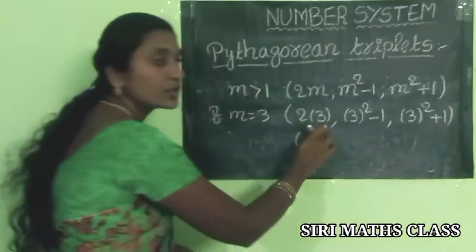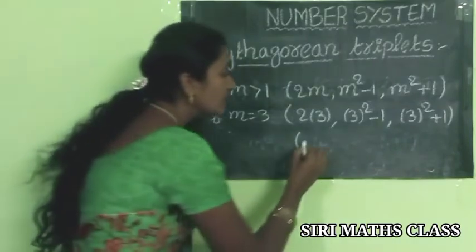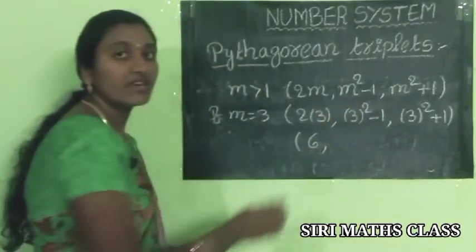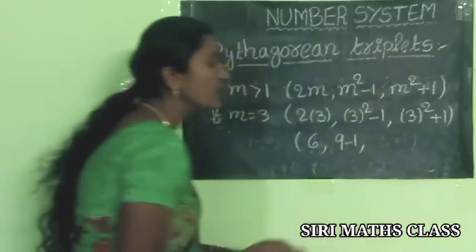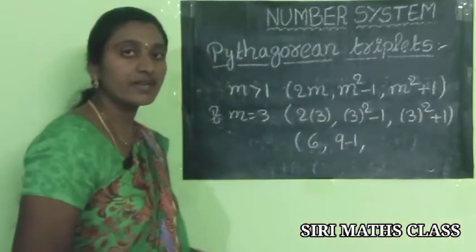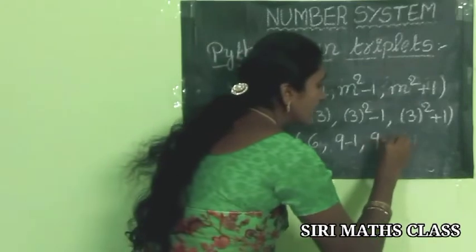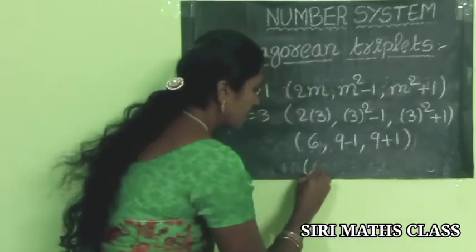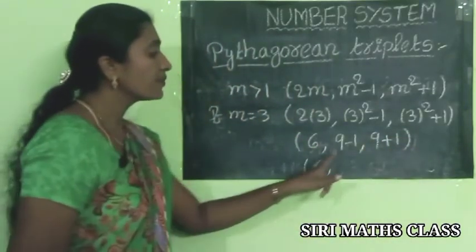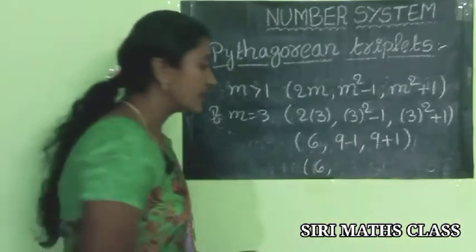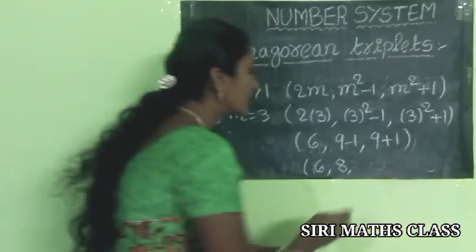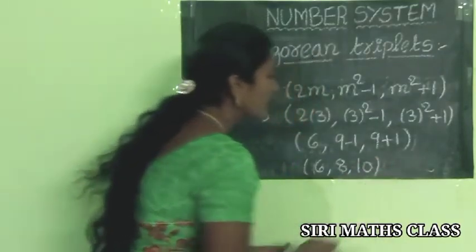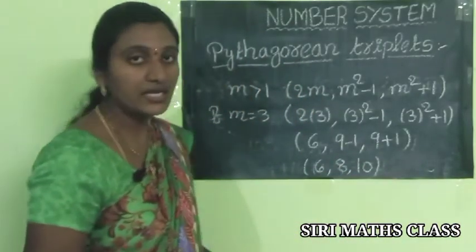See here, 2 into 3 is 6, 3 square value is 9, 9 minus 1, and also 3 square value is 9, 9 plus 1. So 6 comma 9 minus 1 is 8, and 9 plus 1 is 10. This is also a Pythagorean triplet.